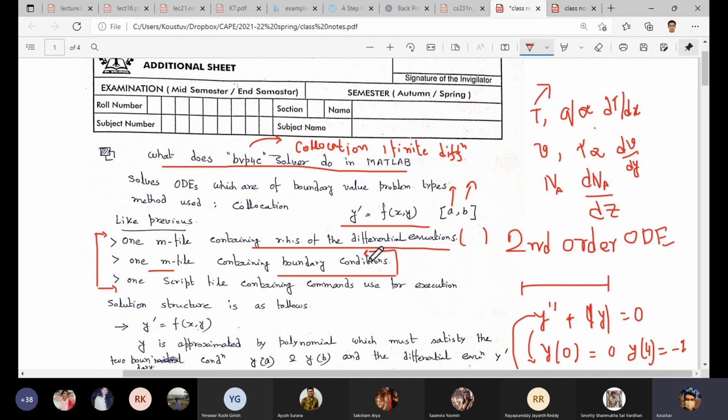This is something extra. Extra means that when we solved IVP, initial value problems, we didn't have to specify an M file for just specifying the boundary conditions. We only had to give the function file of the differential equations, and if that was coupled with algebraic equations, we had to write another M file. But for specifying the initial conditions, we didn't have to write any MATLAB file.